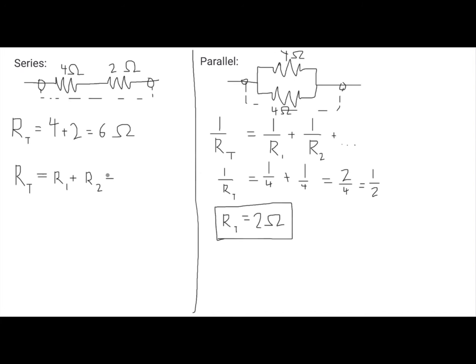And again, this works for an unlimited number of resistors in series and not only 2. And hence, that's the purpose of the extra plus.